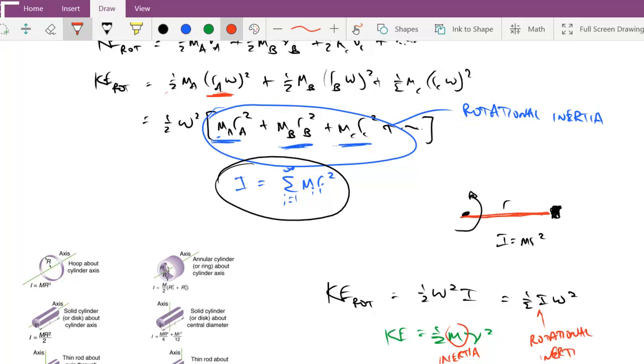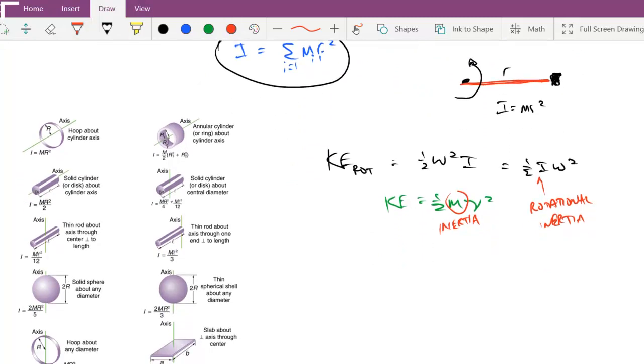So it becomes, again, like we've seen previously, where delta x became a delta theta. We have the same thing going on here. The mass is replaced by rotational inertia, and the equation looks strikingly similar. Linear kinetic energy was 1/2 times the mass times the linear velocity squared.